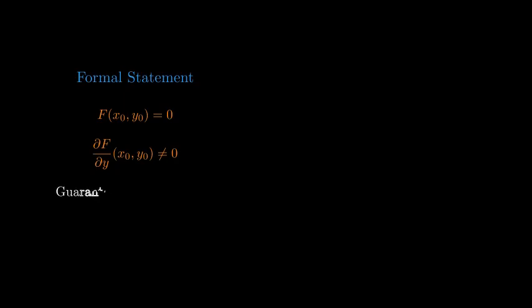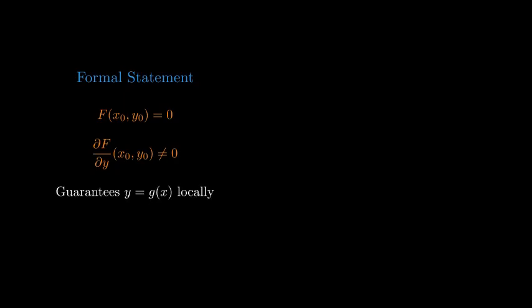Formally stated, suppose we have a continuously differentiable function f of several variables, such as x and y, and we have a specific point (x0, y0) where the function evaluates to 0, and the partial derivative of f with respect to y evaluated at that point is not equal to 0.